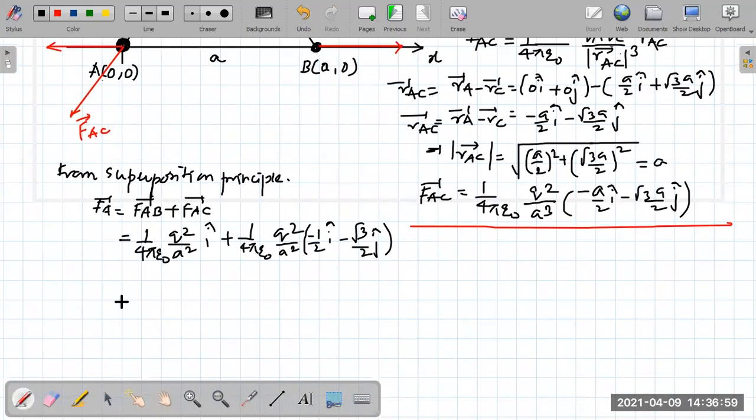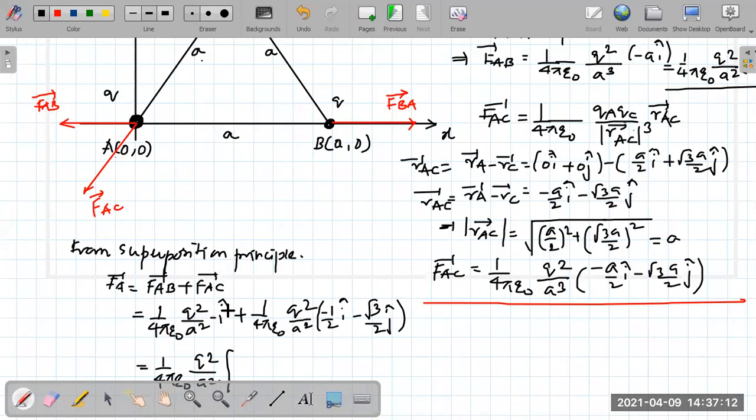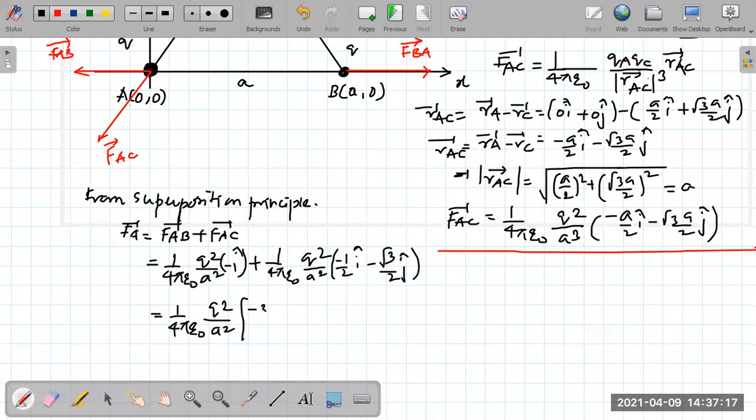Now let's add this. This will be 1 by 4 pi epsilon naught q square by a square into 1 minus 1 by 2 I cap, so this is minus 3 by 2 I cap minus root 3 by 2 j cap is the force on A.